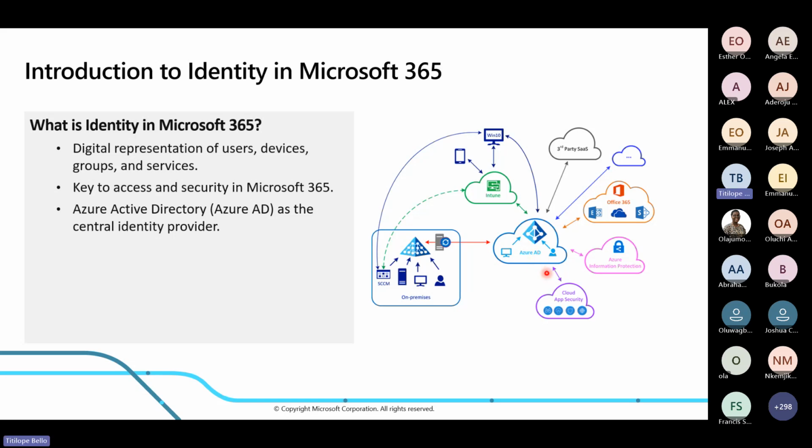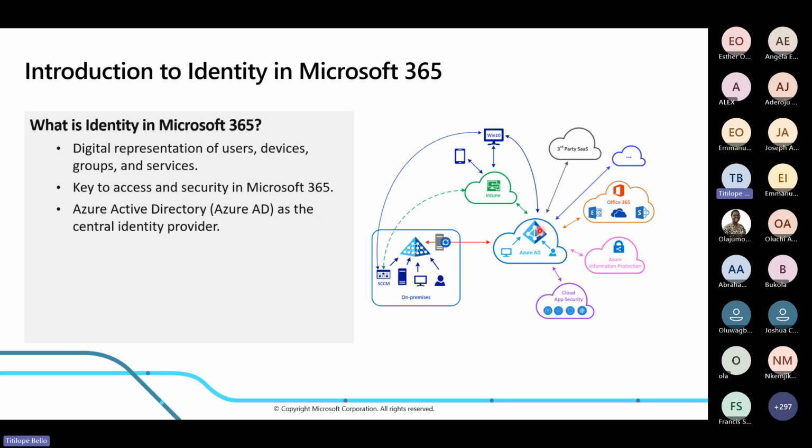Now, Azure AD was recently renamed to Entra ID. A lot of us are still referring to it as Azure AD. Entra ID is more robust. It contains a whole lot of security and identity and access management tools and products.